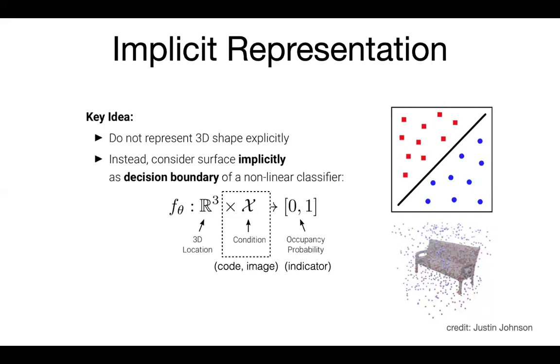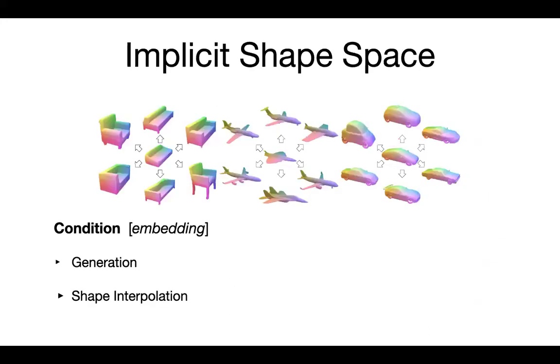This is a 2D example, a linear classifier separating red from blue points. But here is a true example of points that are outside this couch, and the red points are inside the couch. And it's a nonlinear classifier that classifies and generates the surface of the couch, extracting it, for example, using Marching Cubes or ray tracing.